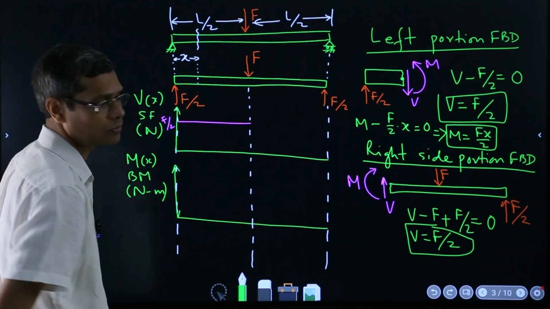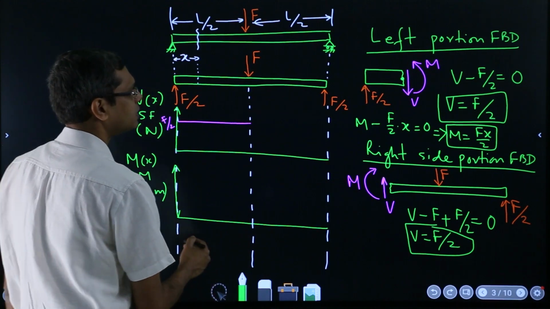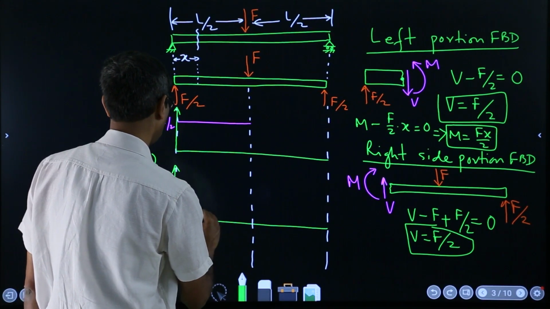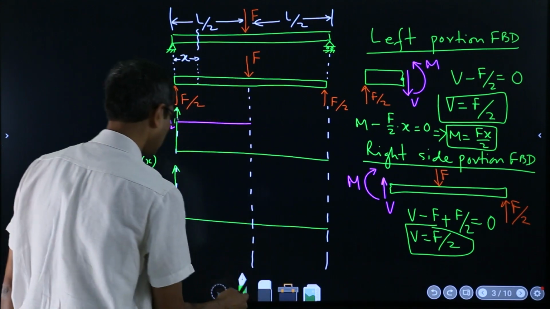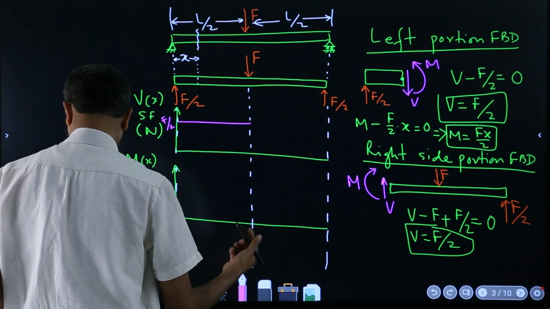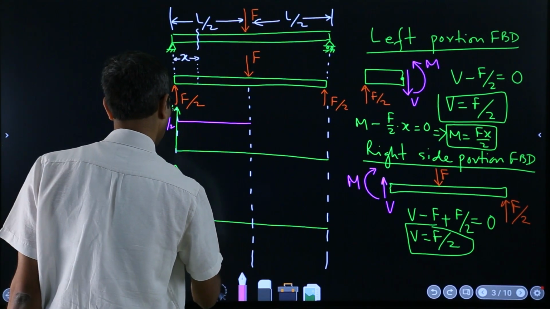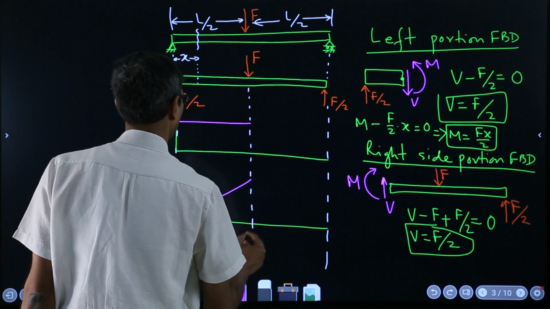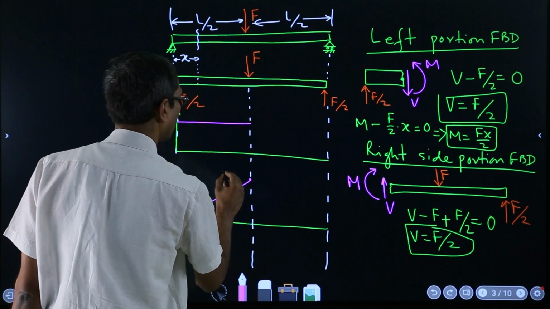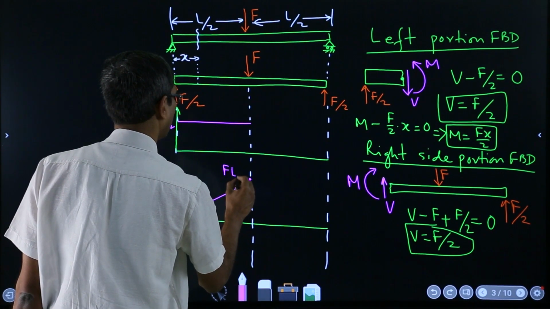So from here 0, I'll use this one. So like that, and this value is, say, FL over 4.